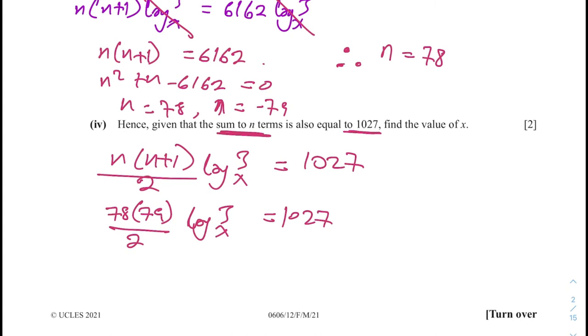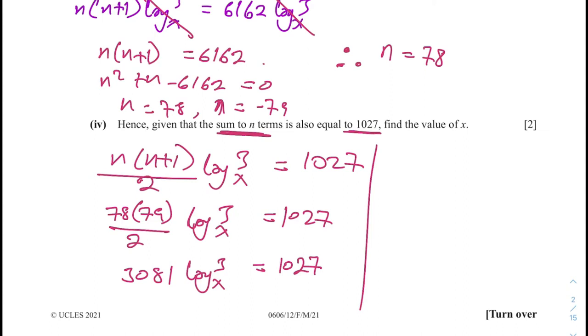So we can just simplify this. 78 times 79 over 2, that's actually 3081.